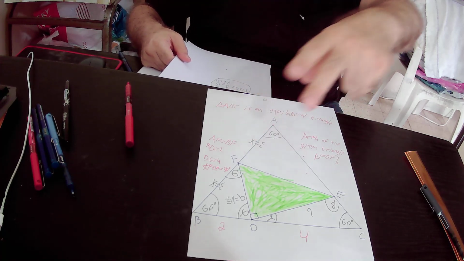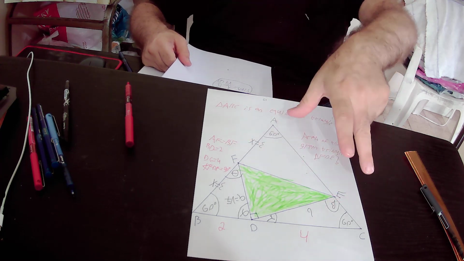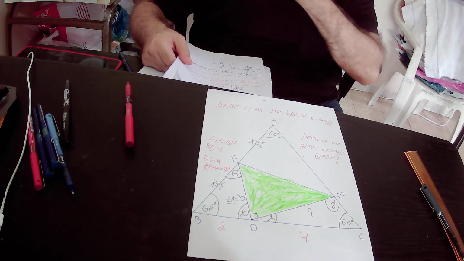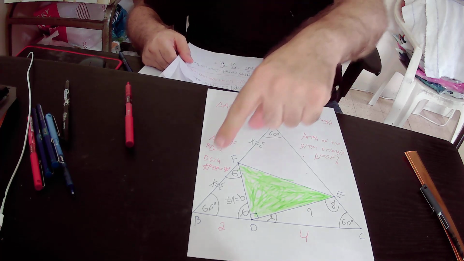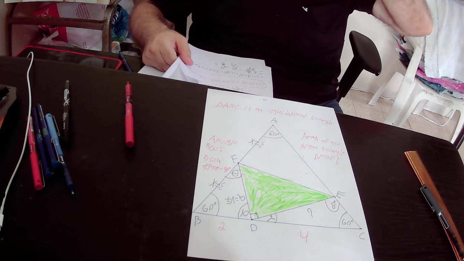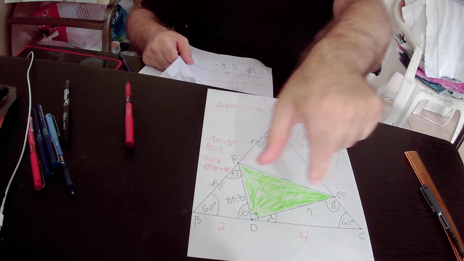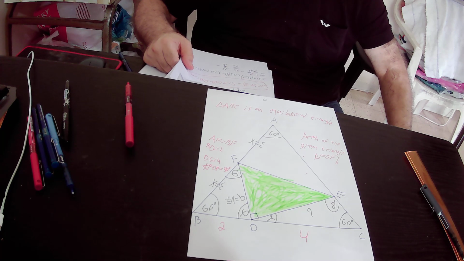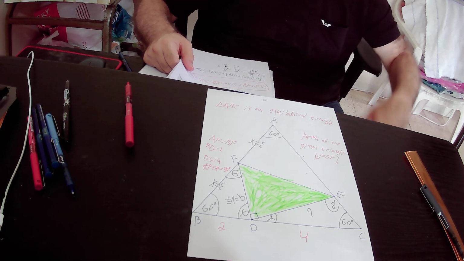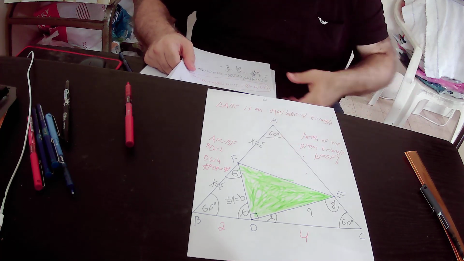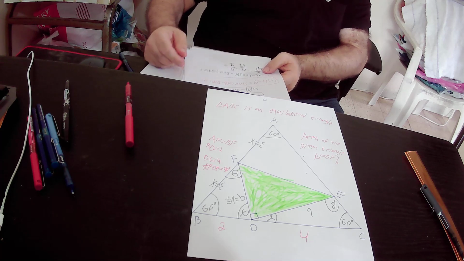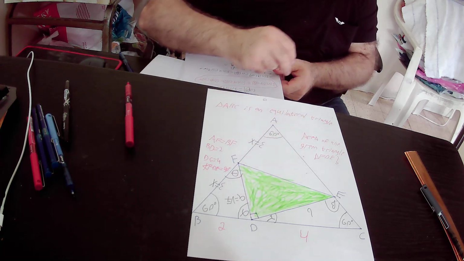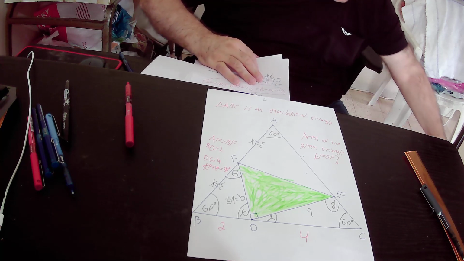That is to say, AB equals BC equals AC. We also know that AF equals BF, BD equals 2 units, and DC equals 4 units. And we want to find the area of the green triangle FDE. The green triangle is also a right triangle because this angle is 90 degrees.